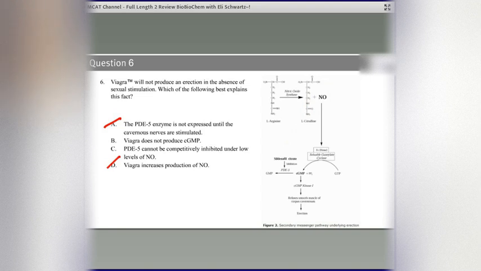Now, I often recommend this to all of my students, but when you get to a question that's asking you about something that must be true, look for answer choices that are characteristically false statements. If we have competitive inhibition, can we overcome competitive inhibition?